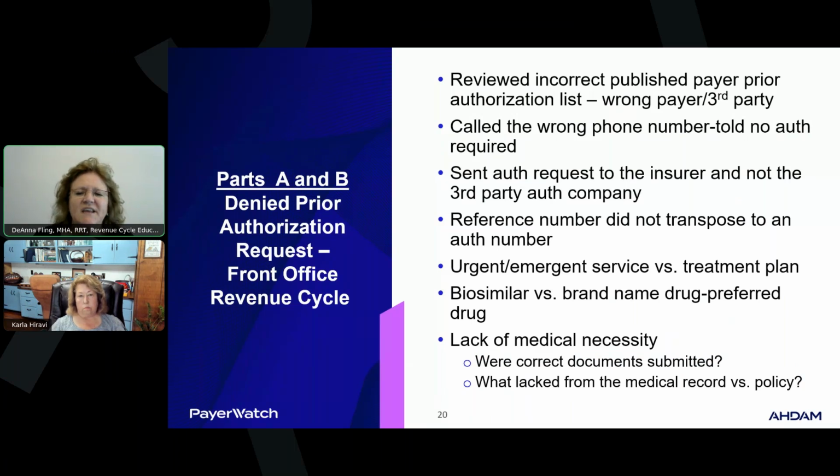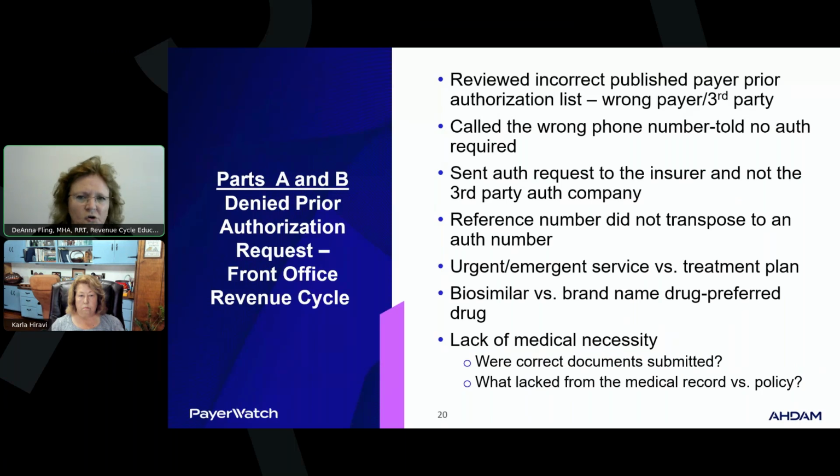Now, what I've also seen is another type of denial, when the auth request has been approved, but the medical necessity criteria was not met, either because the physician documentation did not support the need for the service, or the incorrect or missing documents were not submitted with the prior authorization request.